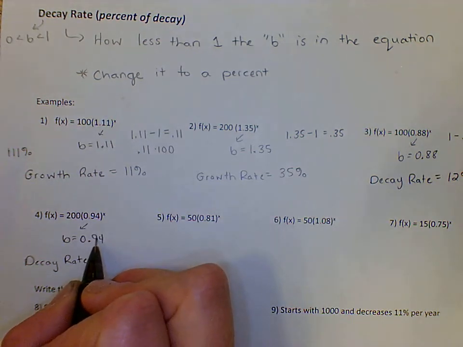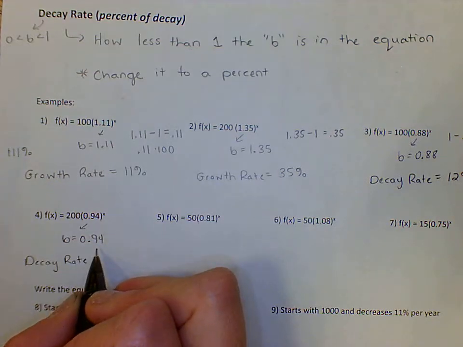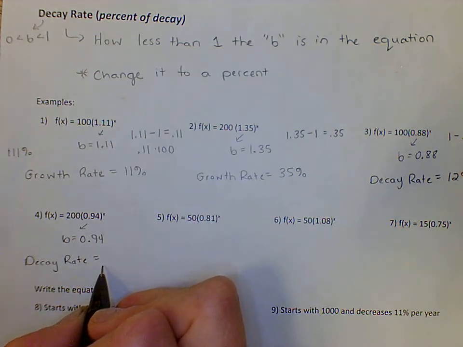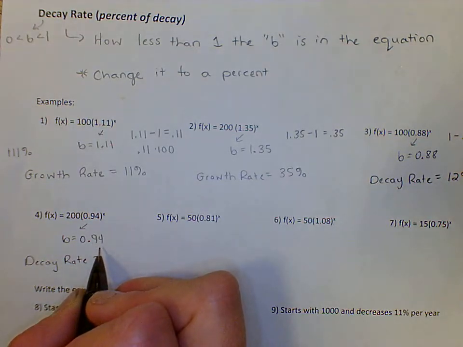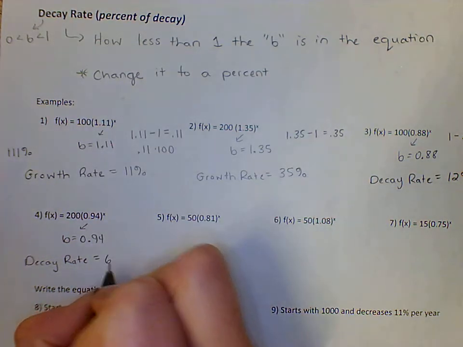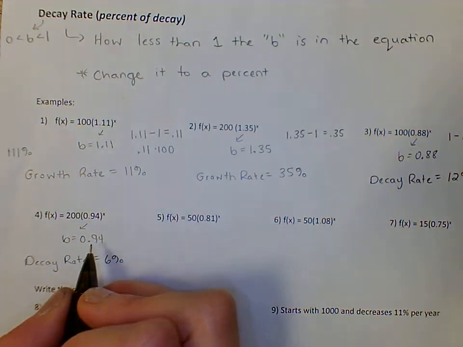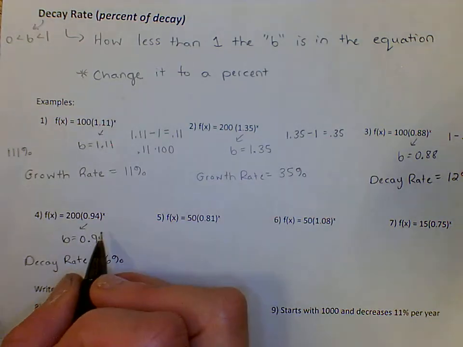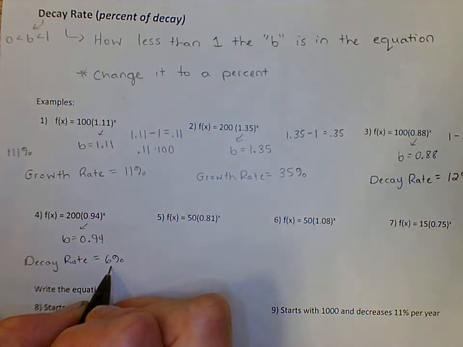So if you think about it this way, 94% is staying, then how much is going away? You could actually figure it out pretty easily. So if 94% of it is staying, then 6% would be going away from time to time, okay?